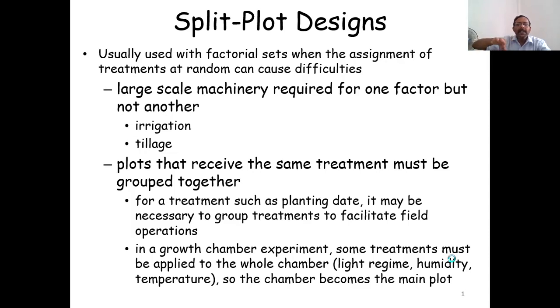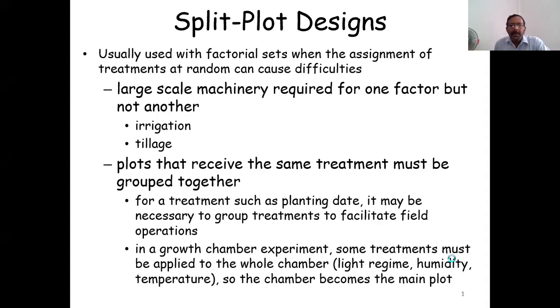Then in the second chamber, you can set another temperature and have another set of the same group of varieties. Likewise, you can do it in the laboratory also, but it is still considered as the split plot concept, right?